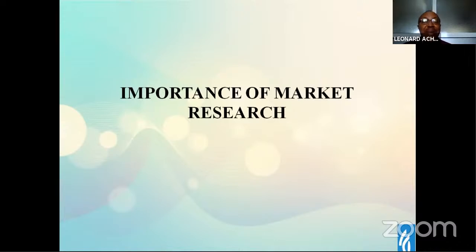And so you can't remain at one spot, or remain on the same page forever. As the dynamism and the complexity of the market evolves, you have to re-strategize and reposition yourself to meet the contemporary situation in the market. And so market research cannot be overemphasized. It's very fundamental in marketing business.